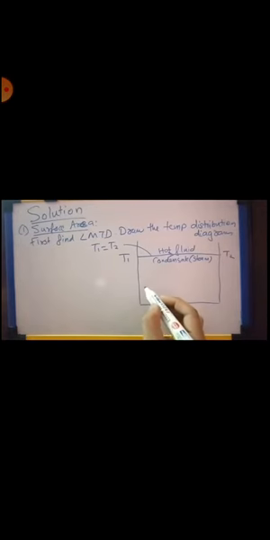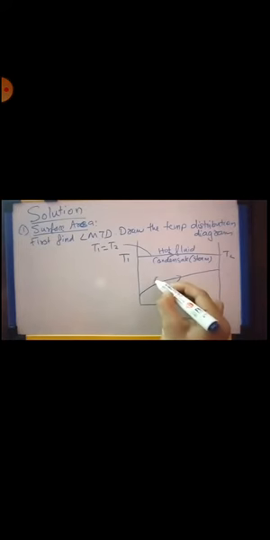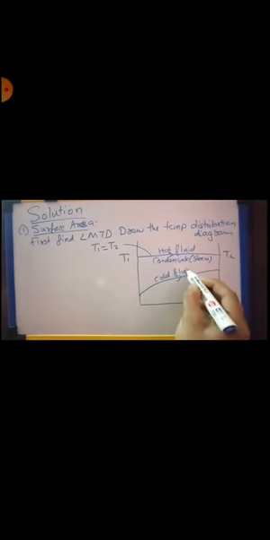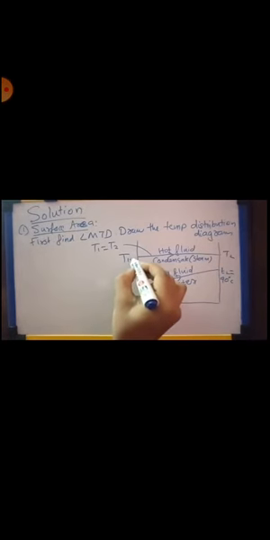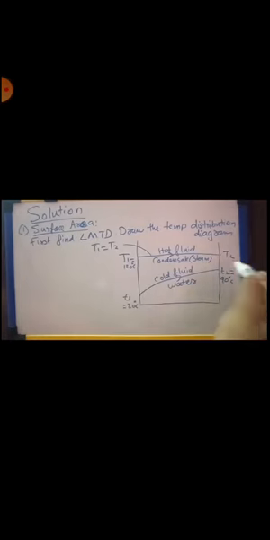Then I am drawing the curve for the cold fluid. The cold fluid is getting some heat, so its temperature increases from 20 degrees to 90 degrees. Inlet temperature t1 is equal to 20 degrees and outlet temperature t2 is equal to 90 degrees. The left side temperature difference gives theta 1 and the right side temperature difference gives theta 2.